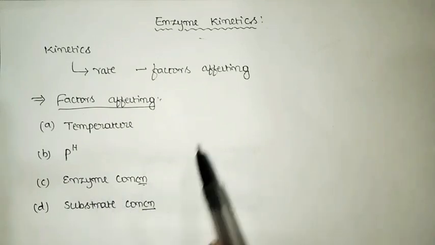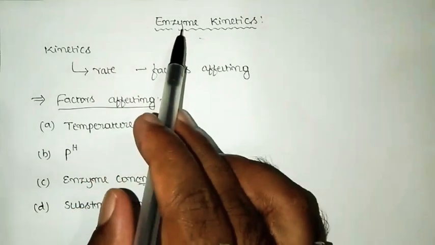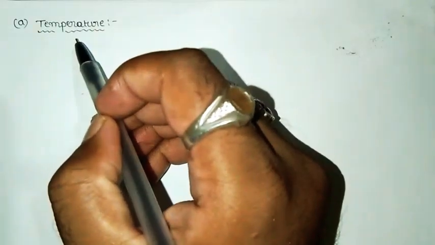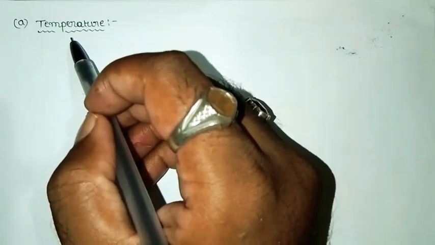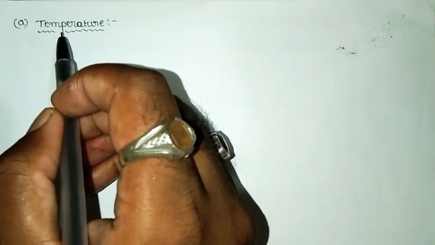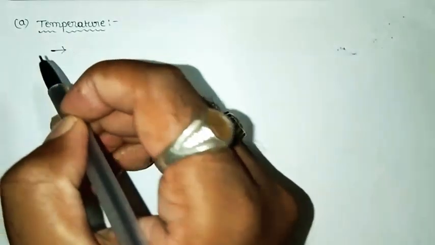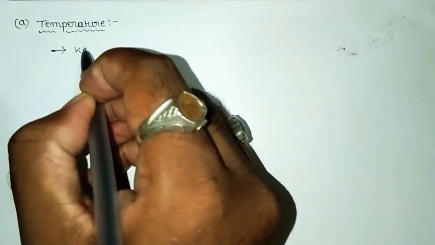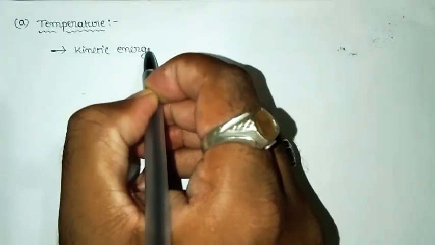Now we shall learn the effect of each and every factor that affects the rate of an enzyme catalyzed reaction. The first factor is temperature. We know that for a normal chemical reaction, when the temperature of the reaction system is increased, the reactant molecules receive more energy, and that causes an increase in the kinetic energy of the reactant molecules.